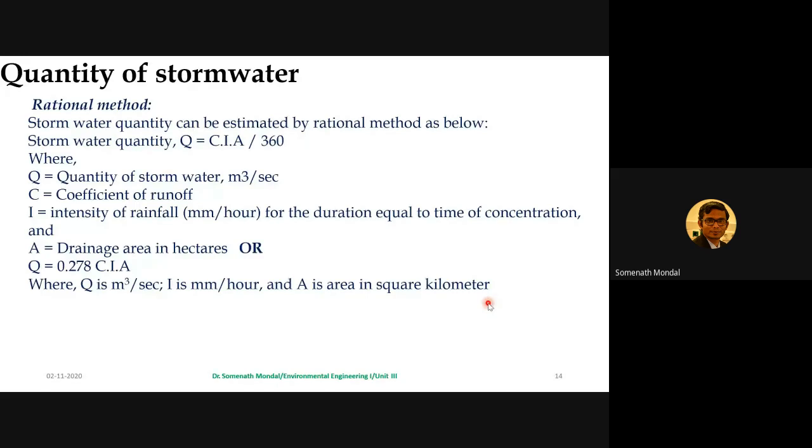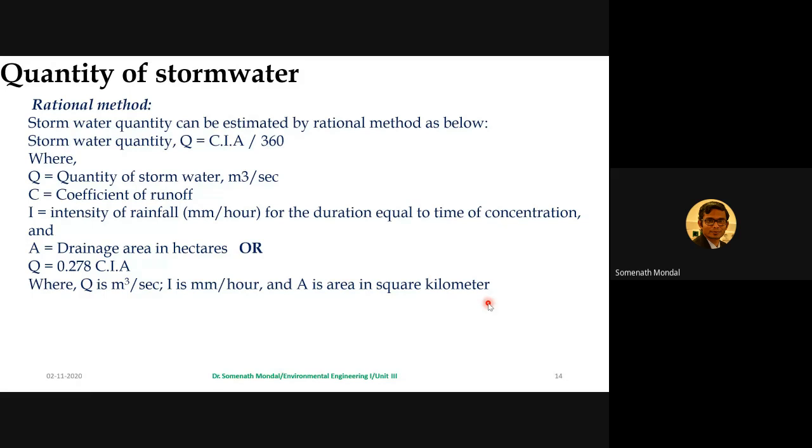I is the intensity of rainfall, again you know how to calculate that, and A is the drainage area in hectares. So this is the way we can calculate it, or you can write the same formula as 0.278 CIA.